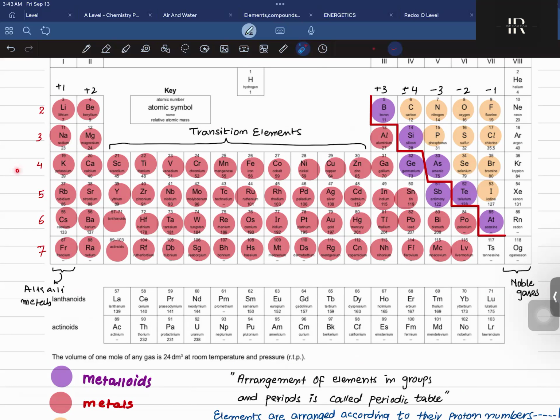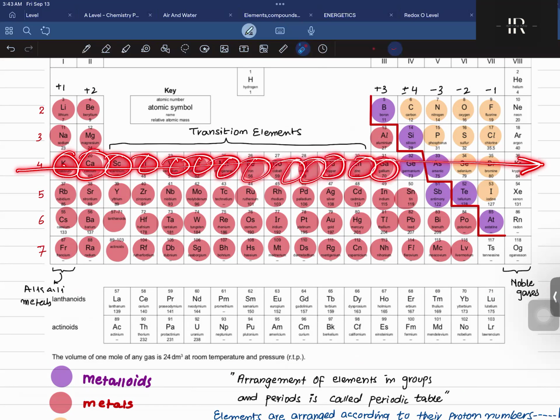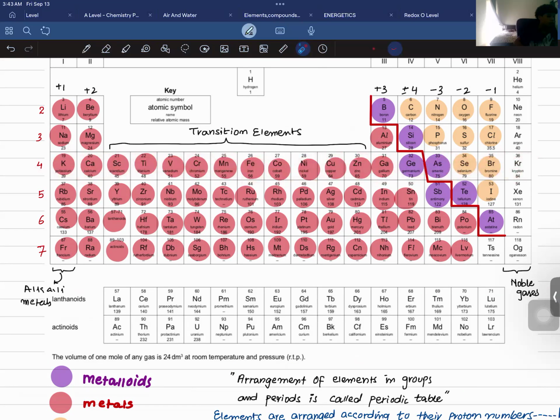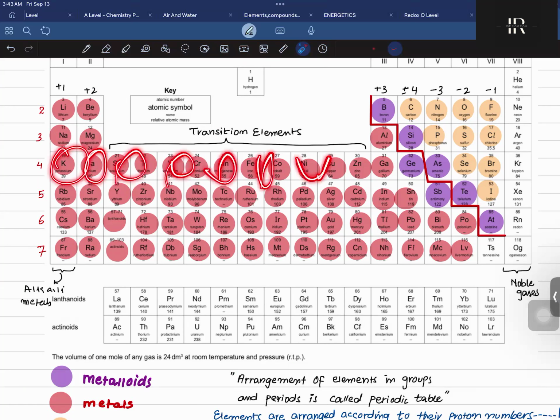So when you are going from left to right, you are leaving metals and approaching non-metals. Metallic character increases across the period. Sorry, metallic character decreases. These are metals, and these are non-metals basically.